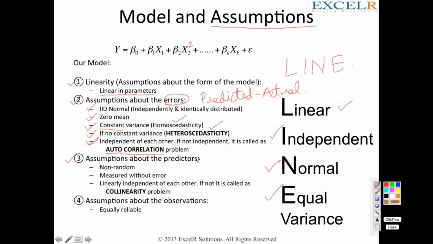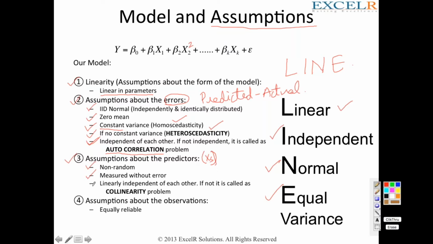And assumptions about the predictors. Predictors are what? Inputs. They should be non-random, meaning you should have determined your historical data upfront. Non-random means historical data is decided upfront. You have the data with you. And measured without error, we are assuming that there is no data entry error, or the measurement system is reliable when you have collected the data of inputs.